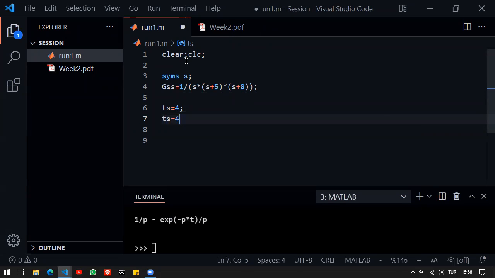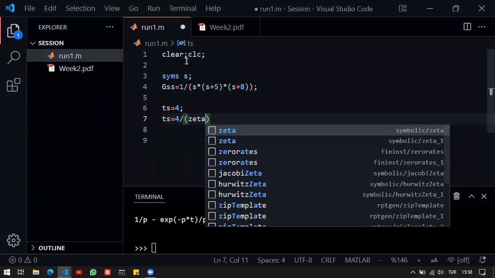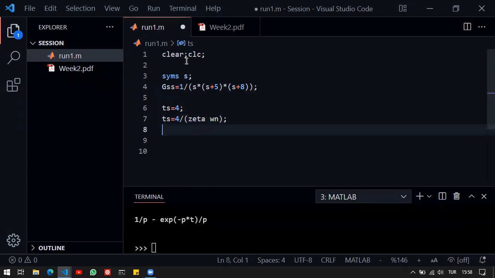Now therefore we have the following formula. Zeta omega n. And that's basically it. So we don't have any additional information about the closed loop that we're looking for. So this means that we don't have that much to work with because we have only the multiplication of zeta and omega n.